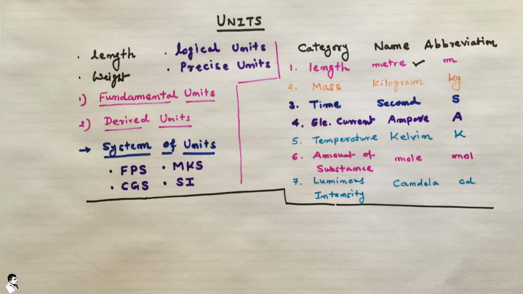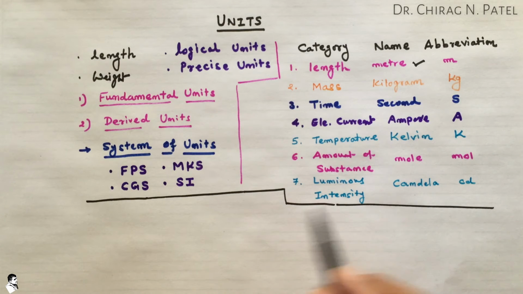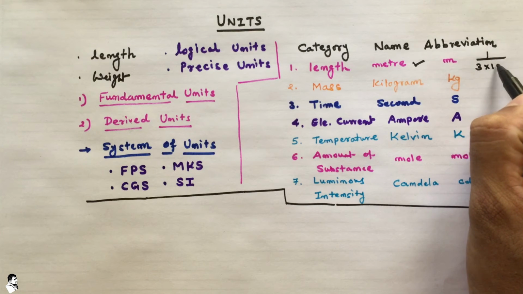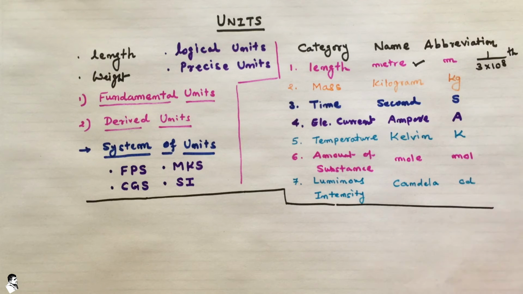The meter is the basic unit of length and is defined as the distance that light travels in a vacuum in 1 by 3 into 10 raised to 8 part of a second, so that we call a meter.